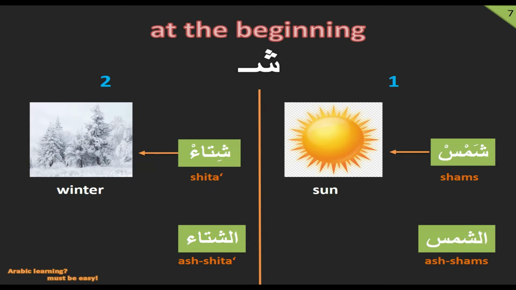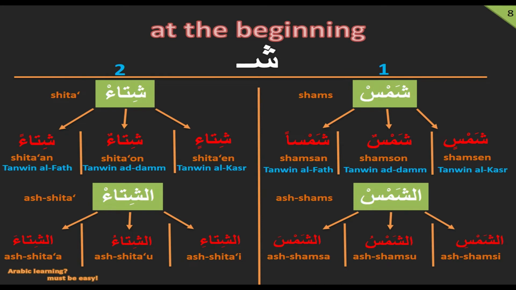Therefore, grammarians have marked this sort of lam with a well-known thing beginning with the letter sheen, namely shams, so the sun.